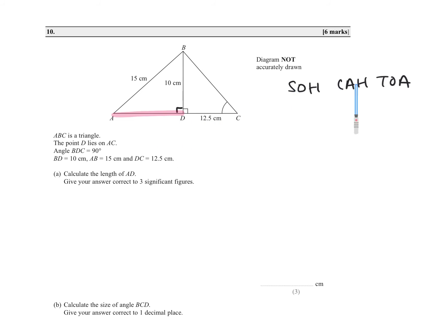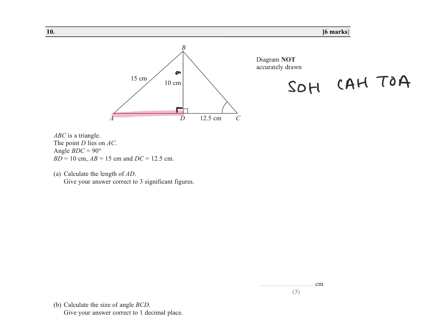We only use SOH CAH TOA trigonometry if we have a right angle triangle and we have angles involved. So you need to remember that when we get into these questions, we do a little bit harder, actually, what you find is that other skills are going to come involved.